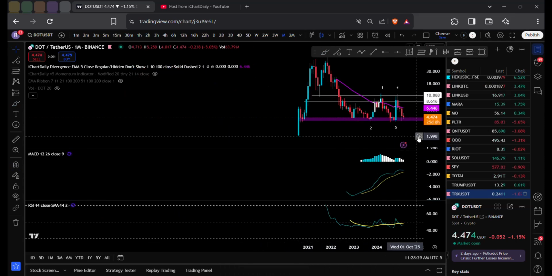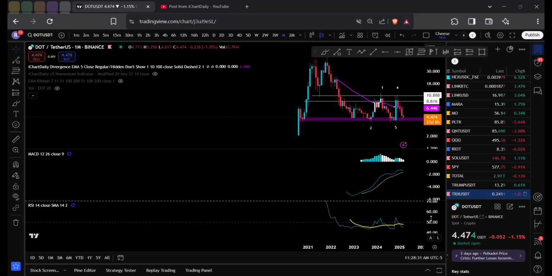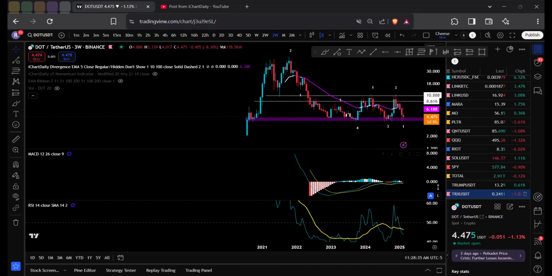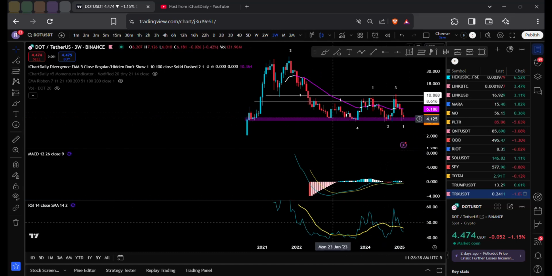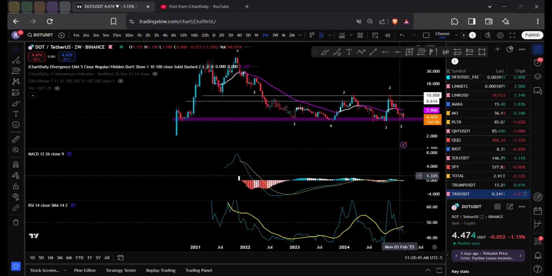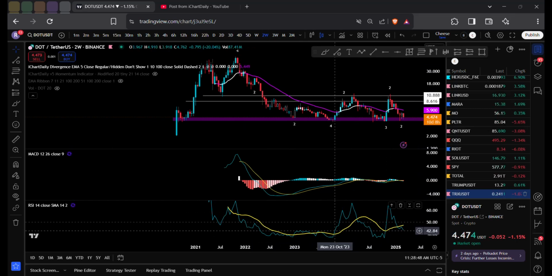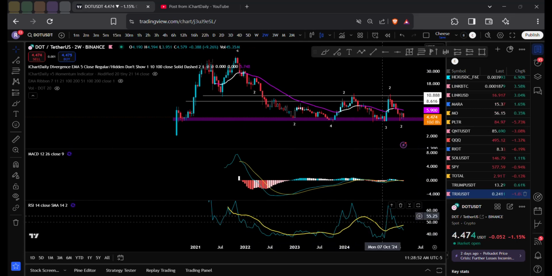All right, MACD's going up now. What you want to see is nothing on this time frame. Break of RSI, break of RSI, not break of RSI. Break of RSI, break of RSI, go to the 70 and above.